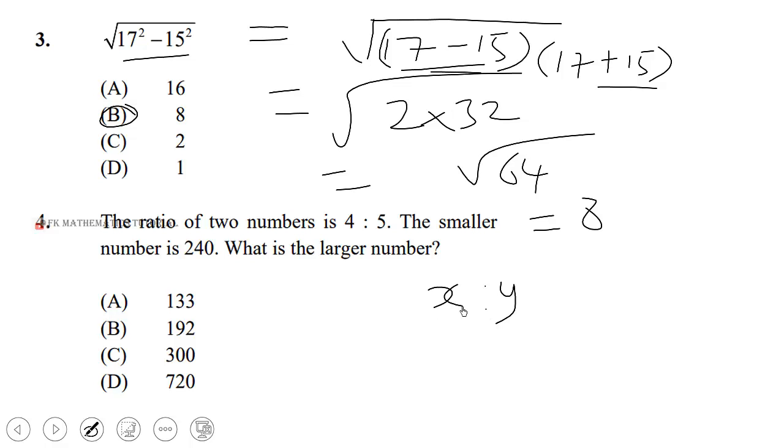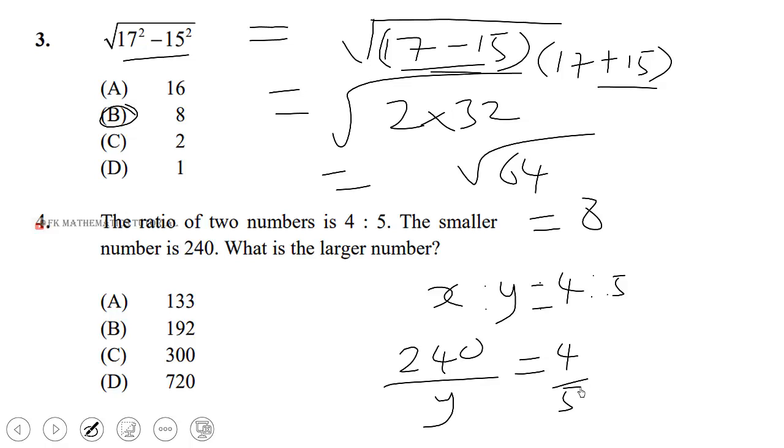So their ratio is 4:5. So 240 over y will be equal to 4/5.